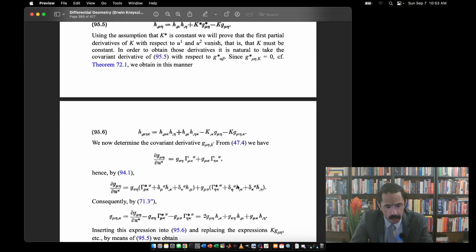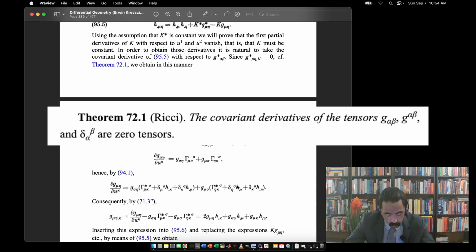In order to obtain those derivatives, it is natural to take the covariant derivative of the expression 95.5 with respect to g star sub alpha beta, since g star sub mu eta comma kappa equals 0, for which we can refer to theorem 72.1. To remind ourselves, that is a theorem due to Ricci himself, Gregorio Ricci-Curbastro, that is.